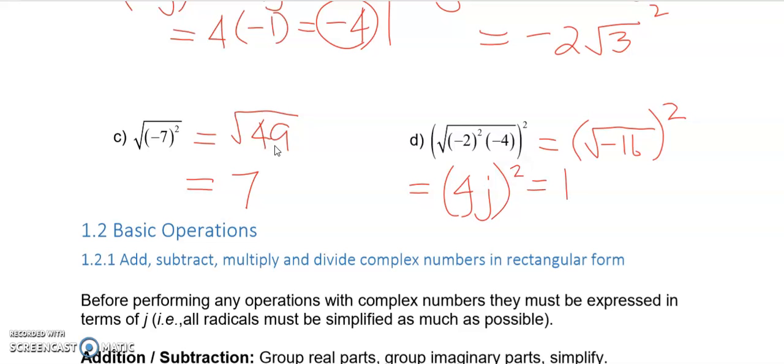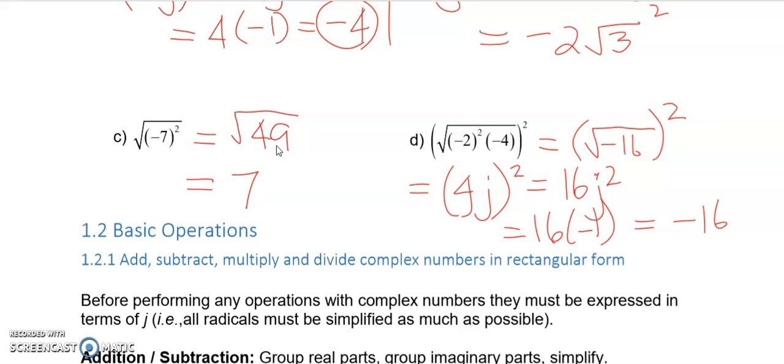So that gives you 16j squared. And remember, j squared is negative 1. So again, your result is just negative 16. No matter how you do that, that's the result that you will get. So make sure you look over those examples very carefully. Try the questions involving conjugates on the previous page, and I'll end this video here.